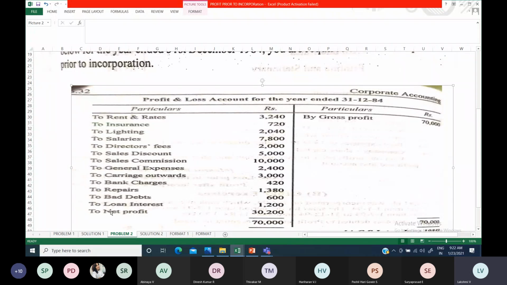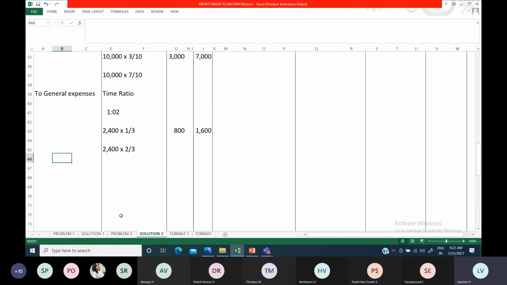If sales is more, carriage outwards will be more. Okay. So sales ratio it has to be done. So carriage outwards, 3000. So mention here as sales ratio.